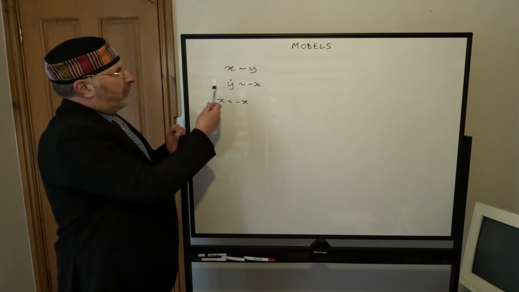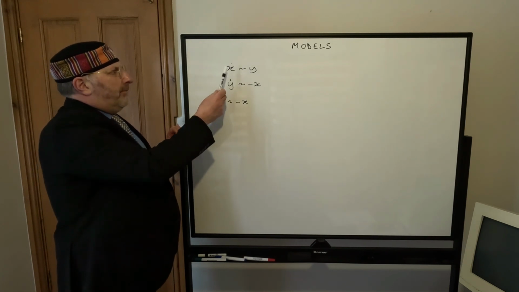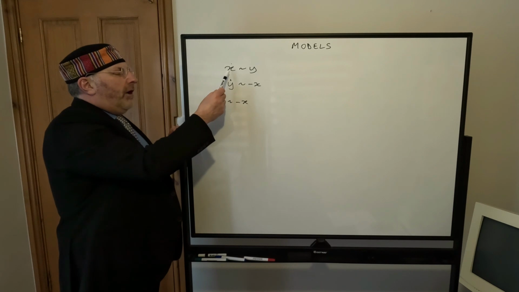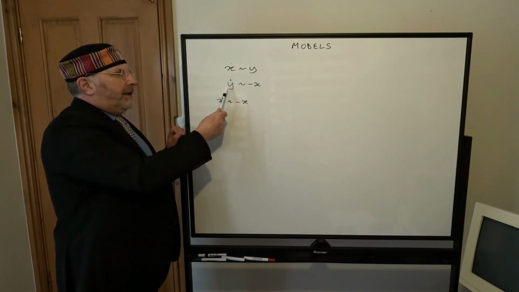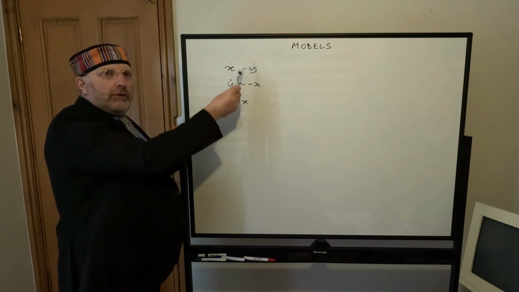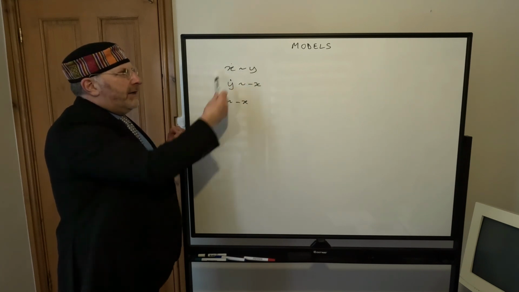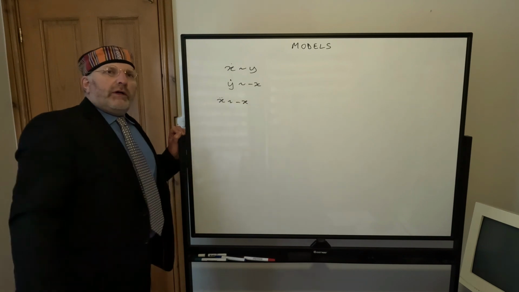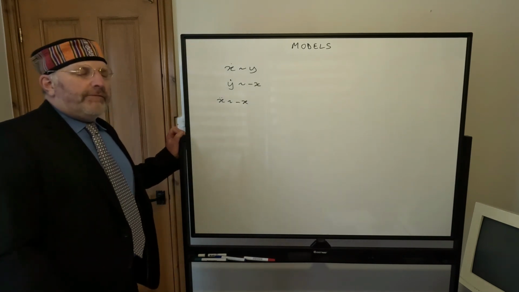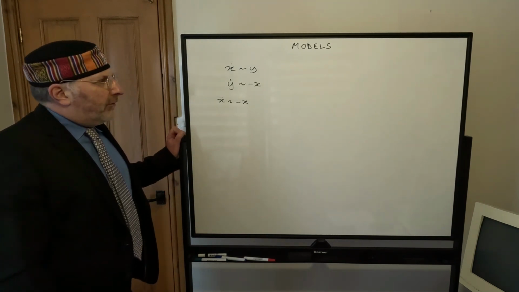We suggested that if population pressure plays the role of x and happiness of the population plays the role of y, then we could come up with an argument as to why they were related in this way, and then we would explain why there were cycles of population and civil unrest.